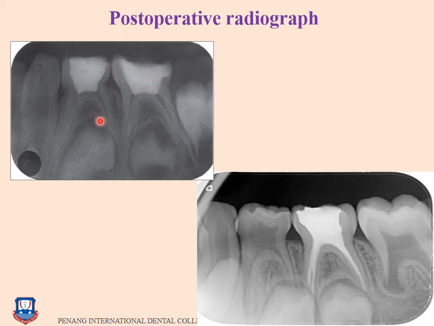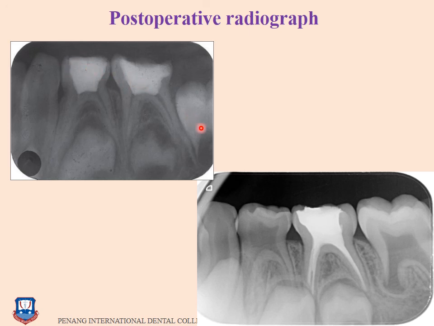There is no radiolucency in the radicular portion, and no resorption that we see. So this radiograph indicates that the treatment done in this patient was pulpotomy, where only the coronal portion of the pulp was removed, after which a radiopaque material was placed, which is indicated to be zinc oxide eugenol.